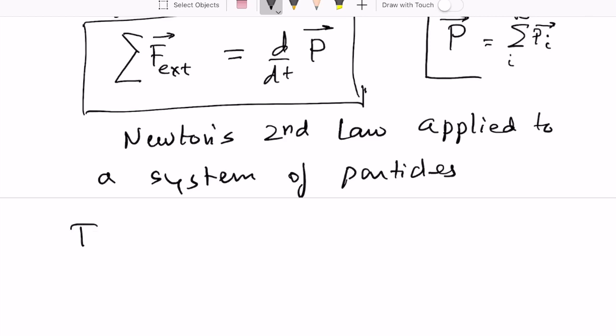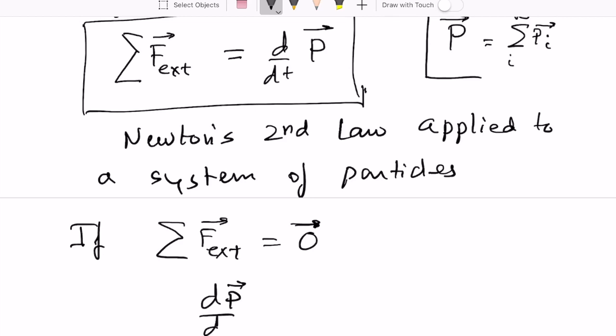So if the net external force on a system is zero, I'm writing 0 with an arrow on top. That's the null vector. That's the equivalent of 0 in the vector world. So if the net external force on a system is 0, then dP/dt is equal to 0, right?